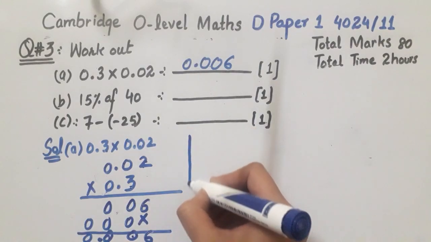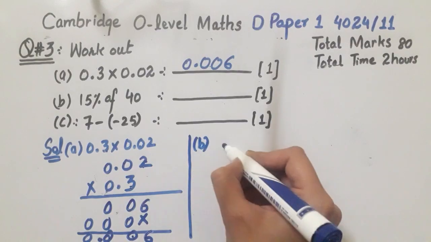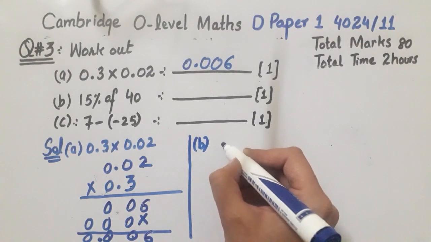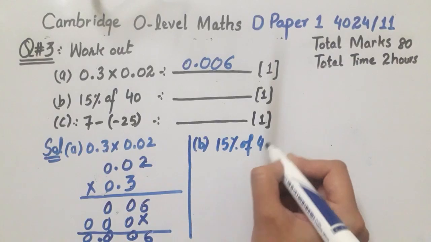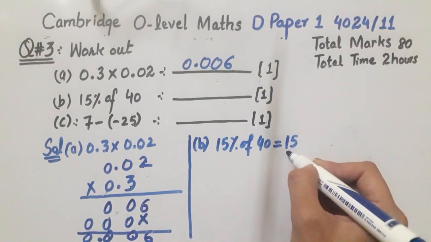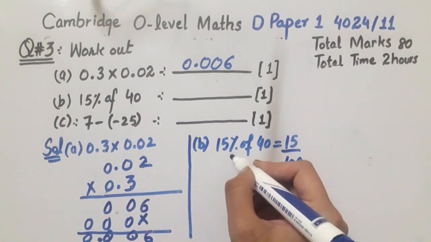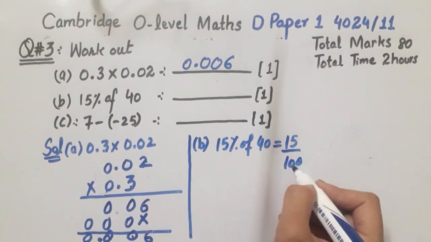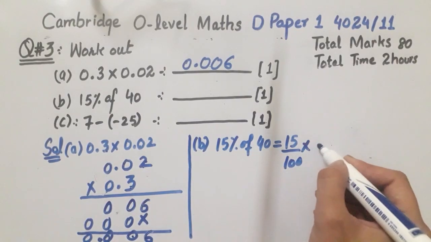Now we will solve the B part, that is 15% of 40. So 15% of 40 can be written as 15 over 100 times 40. You should remember that percent means divided by 100, and of means multiply.